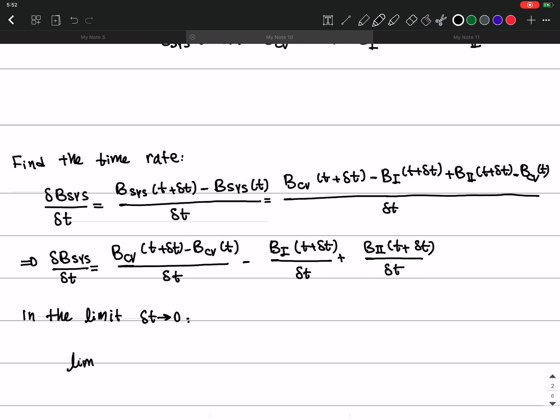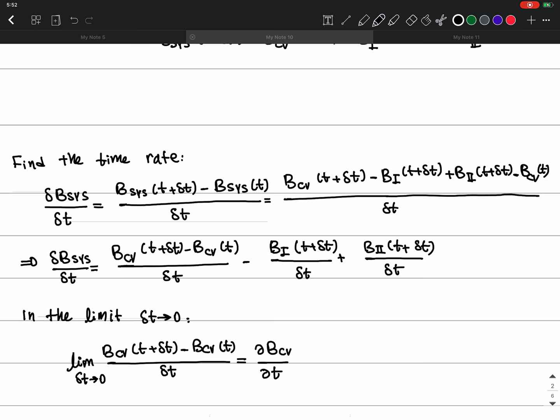The limit of B_CV at t plus delta t minus B_CV at time t over delta t equals to, what is this? If you remember your calculus, this is exactly the definition of derivative. The derivative of B_CV with respect to time, right?